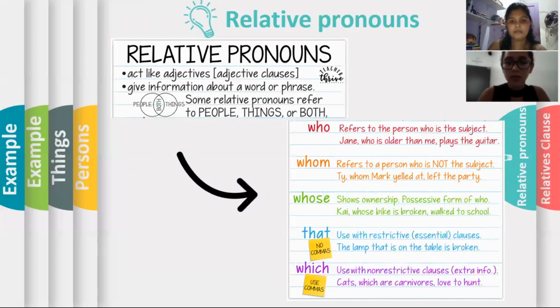That is used with restrictive, essential clauses. Example, the lamp that is on the table is broken. That does not use commas. Which uses commas, between commas, with non-restrictive clauses. For example, cats, which are carnivores, love to hunt.